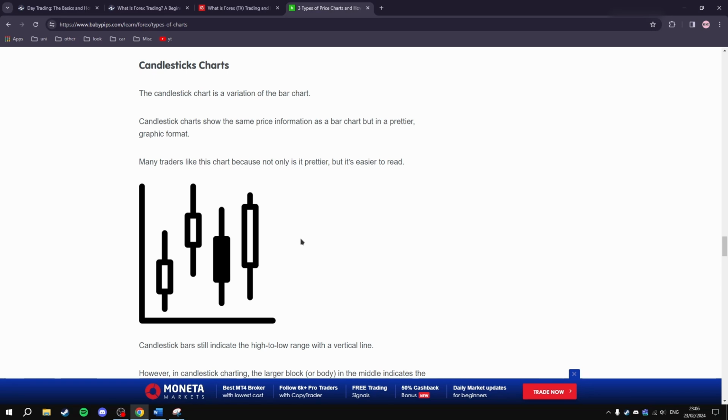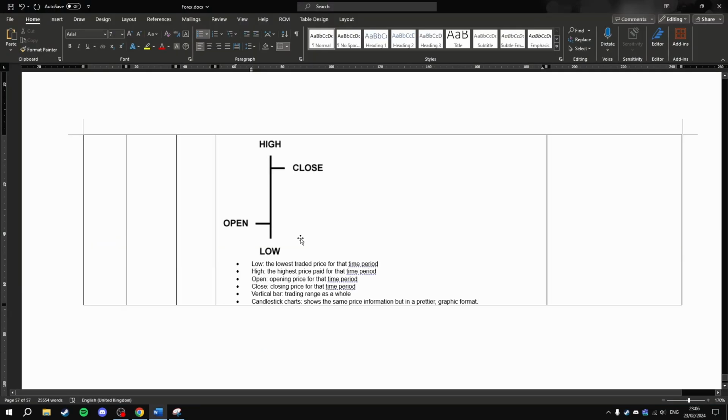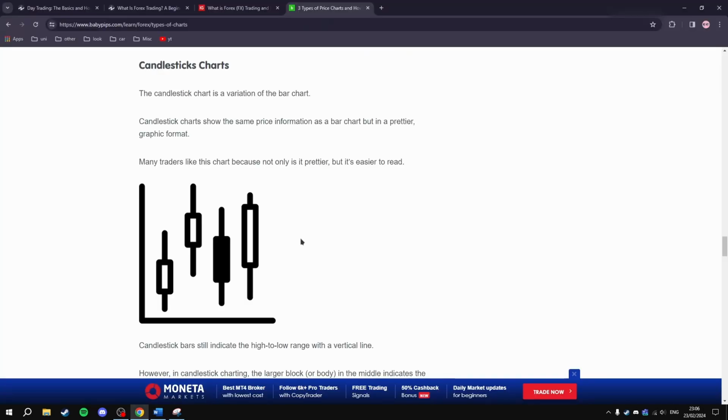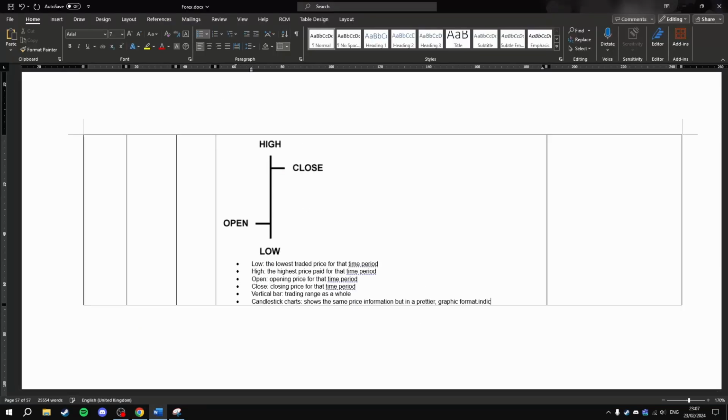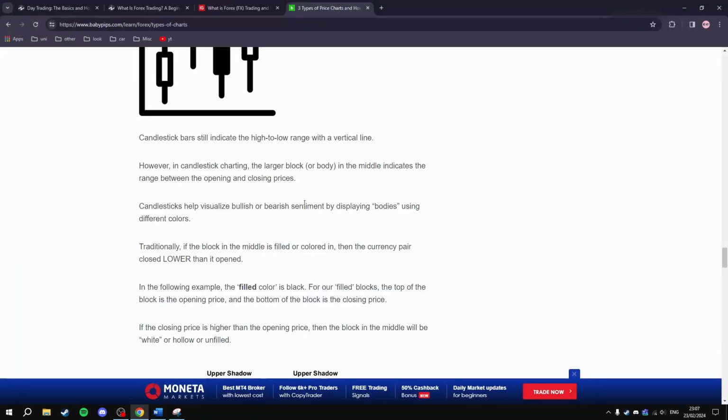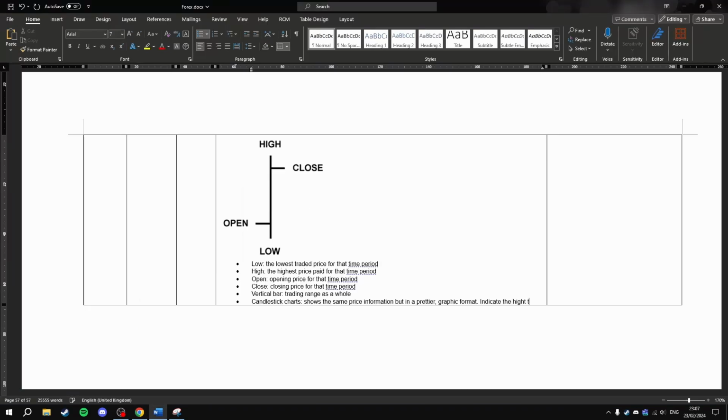However, in candlestick charting, the larger block or body in the middle indicates the range between the opening and closing prices. Indicate the high to low range with a vertical line.